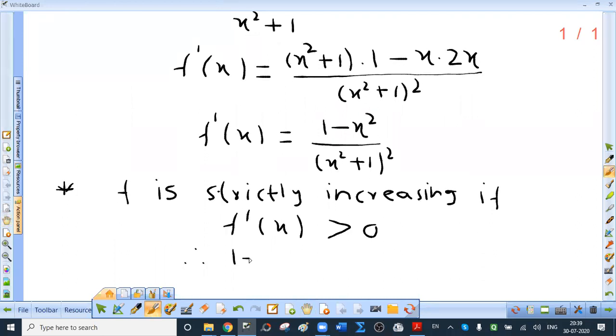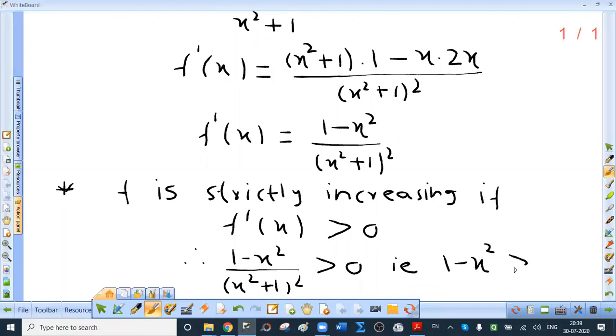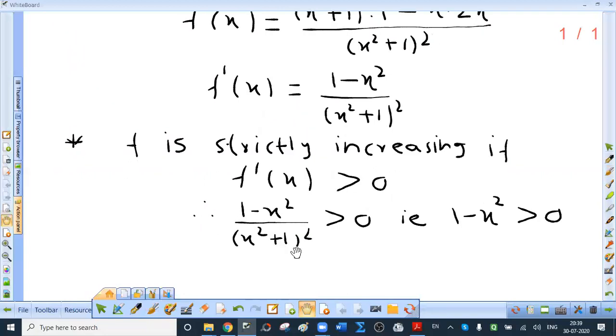So 1 minus x square upon (x square plus 1) whole square is greater than 0. Multiply by (x square plus 1) whole square. So that gives me 1 minus x square greater than 0. Now you have to solve this inequation.